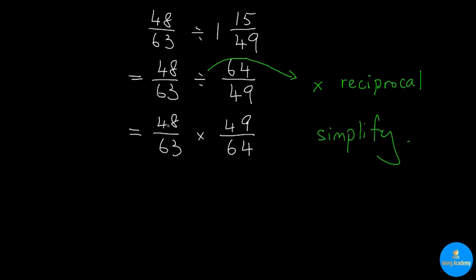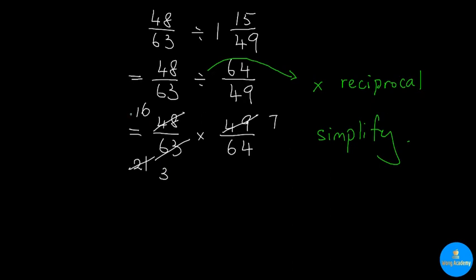Here, 48 and 63 are both multiples of 3, so we can cancel out the factor 3 and obtain 16 in the numerator and 21 in the denominator. 21 and 49 are both multiples of 7, so after cancelling out 7, we were left with 7 in the numerator and 3 in the denominator.